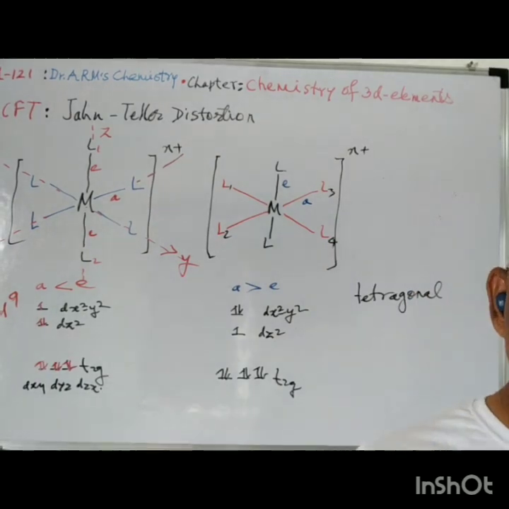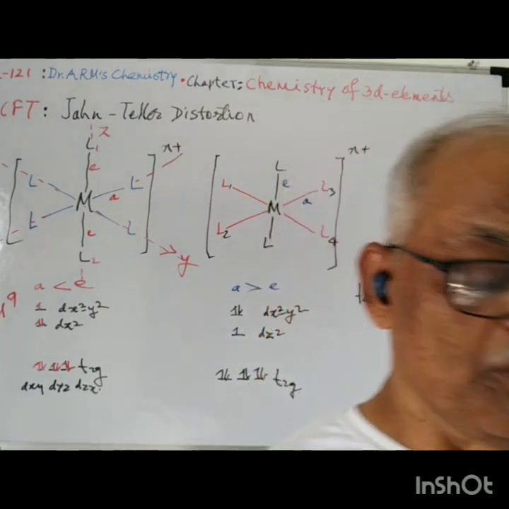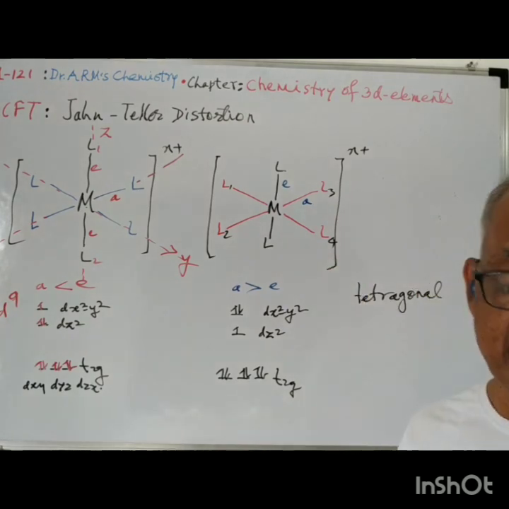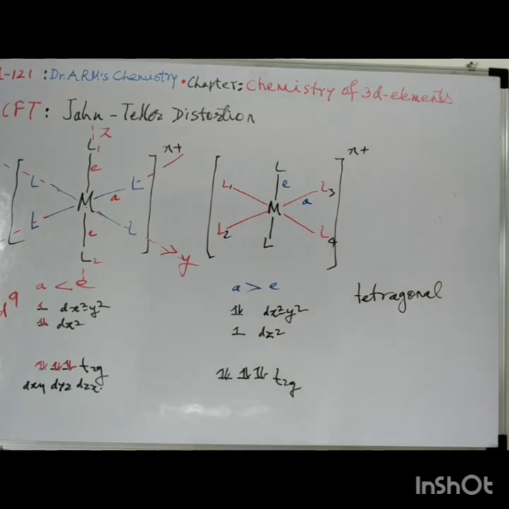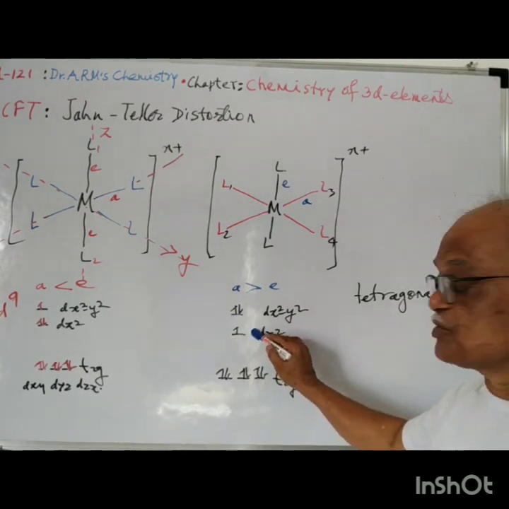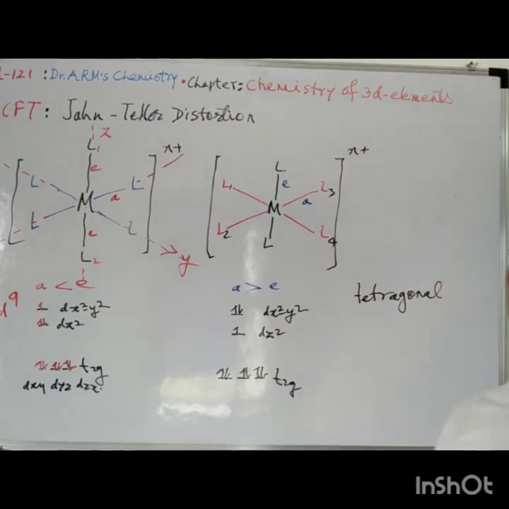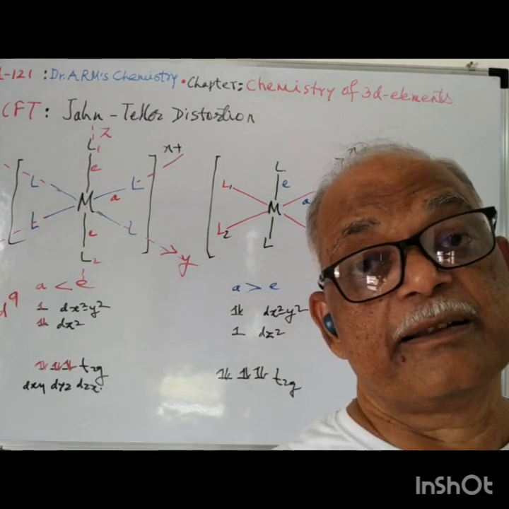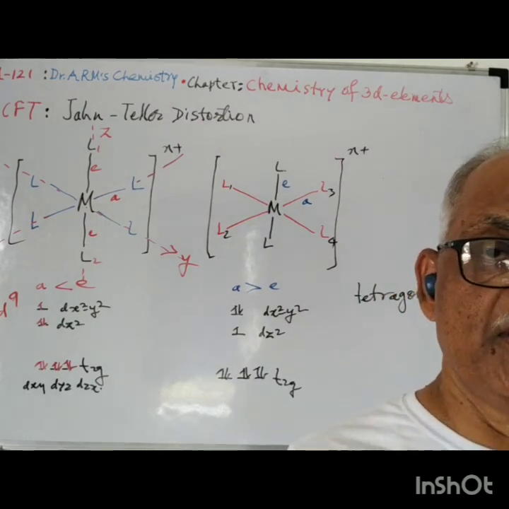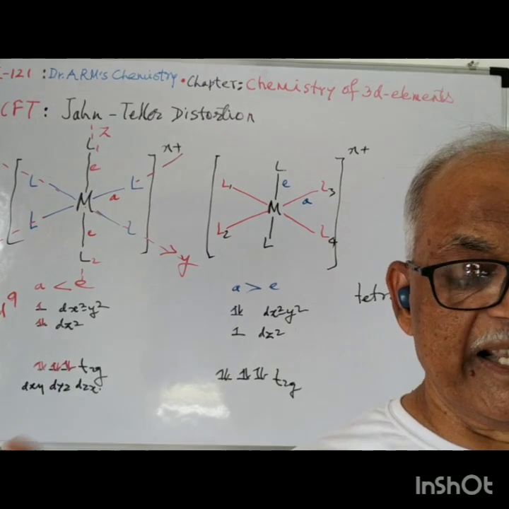So the symmetry of such a structure is lowered, and because of this the energy of the system is also lowered, and for this purpose the degeneracy of these two orbitals is necessarily to be removed. Then only the lowering of energy of the complex is possible.